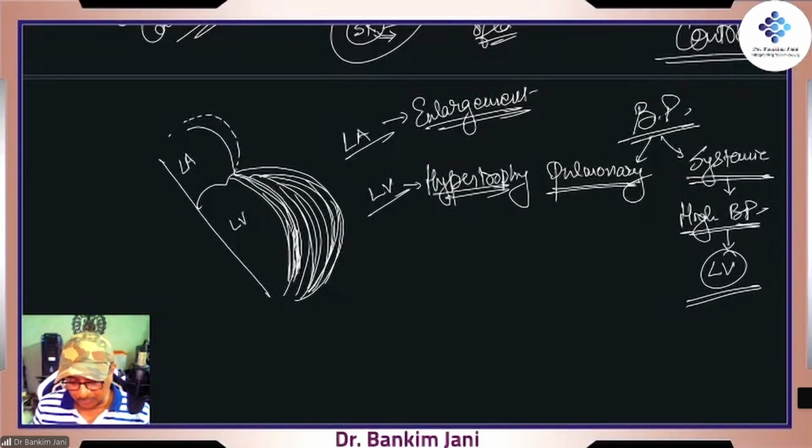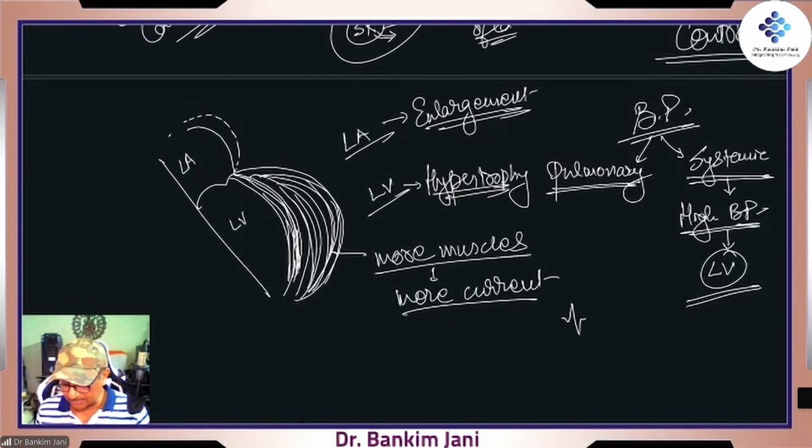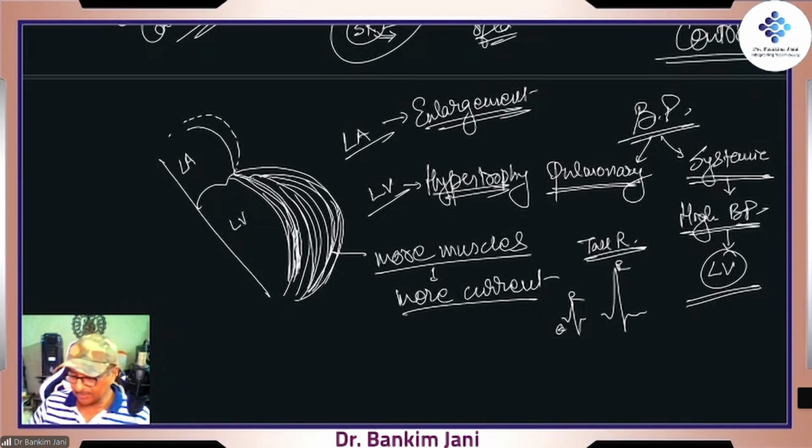Whenever there is hypertrophy, that means more muscles, so there is more current, and the wave which was like this will become like this. If this is Q and this is R, then we say tall R. Makes sense? Tall R.